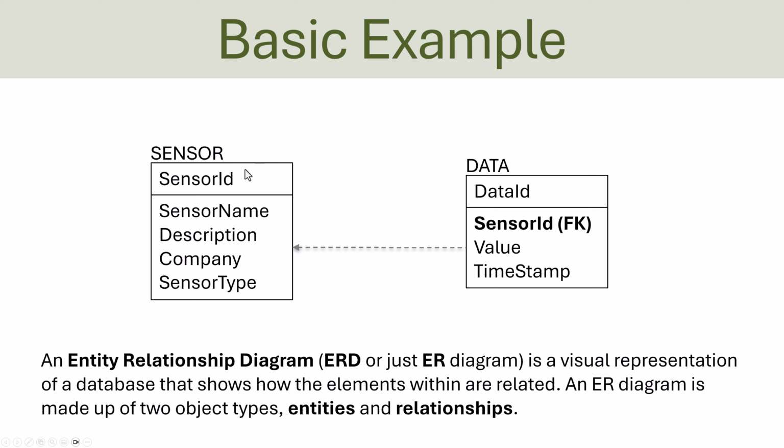So in this entity, we have a so-called primary key called sensor ID. And in the data entity, we have a so-called foreign key, which is the relationship between these two tables. So here we have the primary key, and here we have the foreign key that creates the relationship between these two entities.